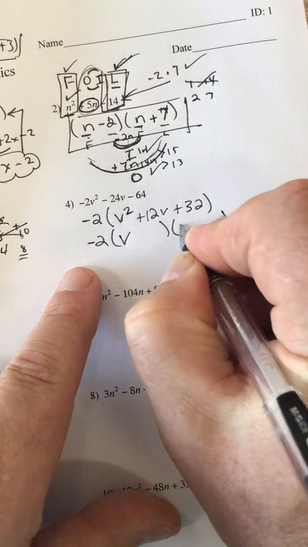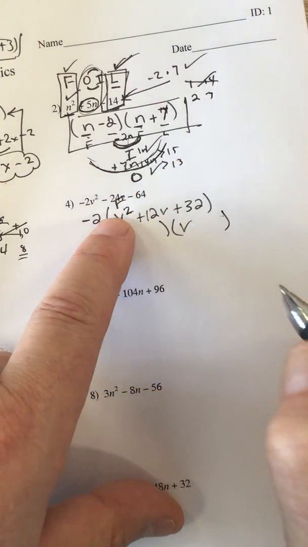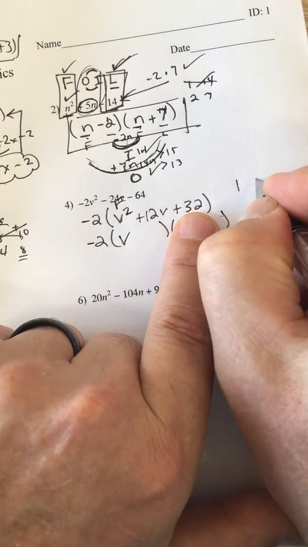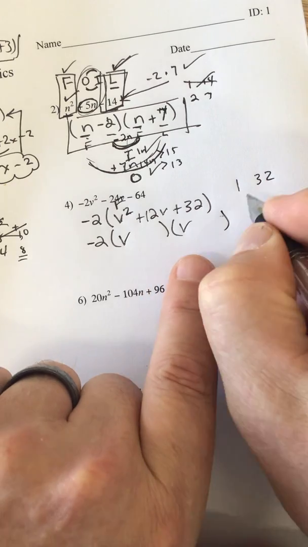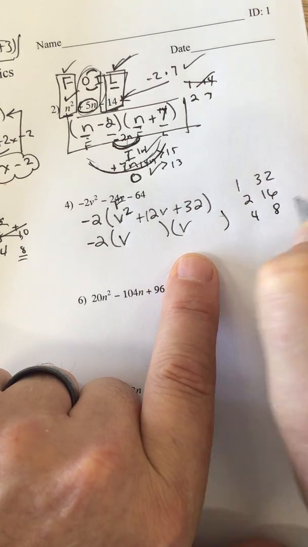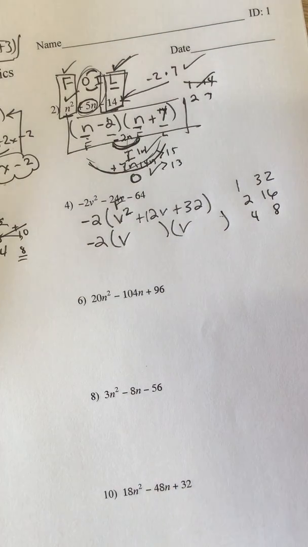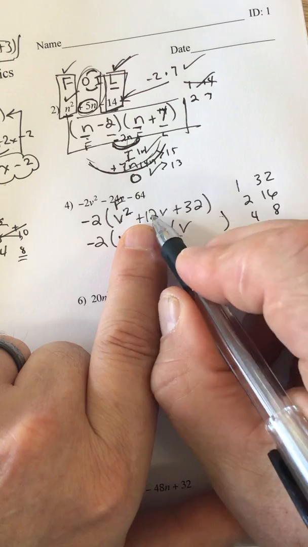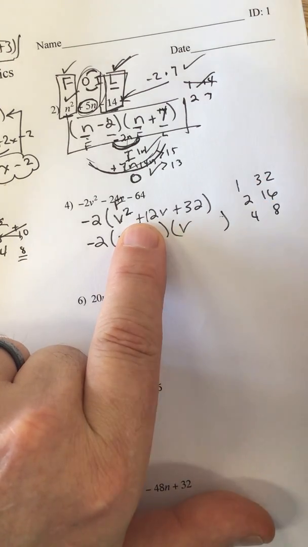Okay, first, the first has to be v squared, well that's v times v. Now for the last, I have 1 times 32, I have 2 times 16, I have 4 times 8, and that's it. So now these combinations have to add or subtract up to 12.